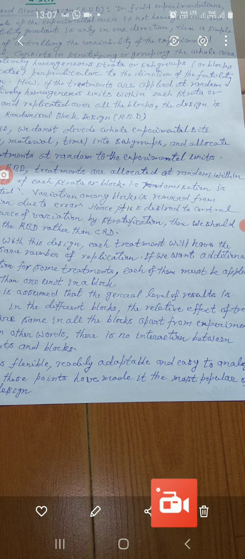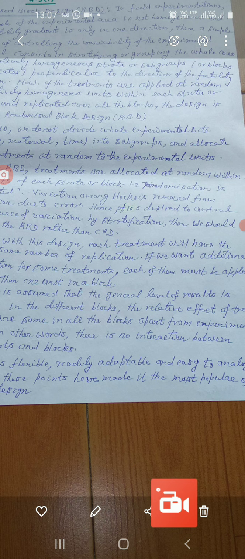Second point is, it is assumed that the general level of results is different in the different blocks. The relative effect of treatments is the same in all the blocks, apart from the experimental error. In other words, there is no interaction effect between treatments and blocks.